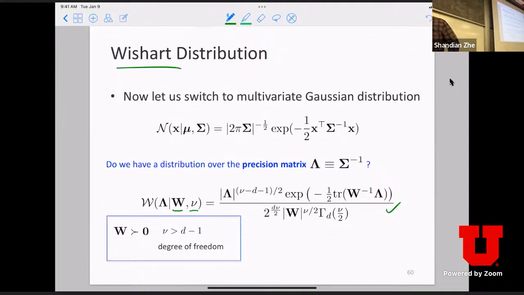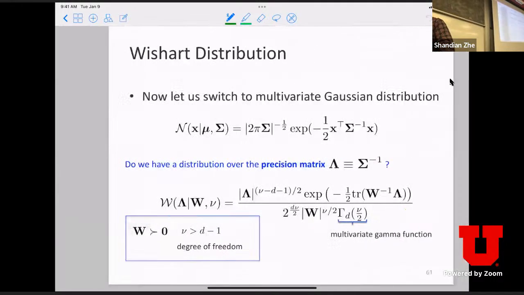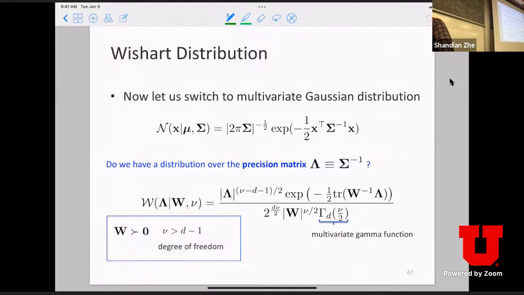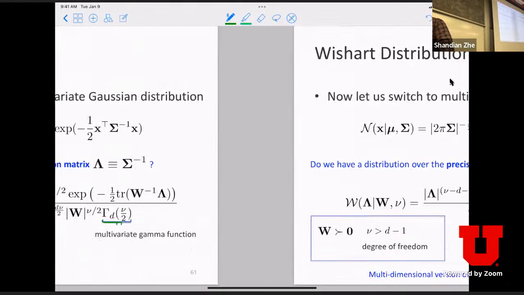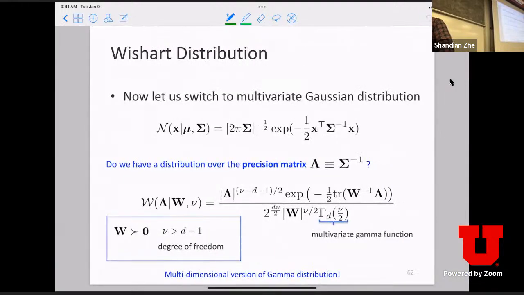One is called the scale matrix, which must be positive definite. The other is called the degrees of freedom. The degrees of freedom nu must be no less than the dimension of your x. And I'm not going to talk about this constant, the multivariate gamma function.